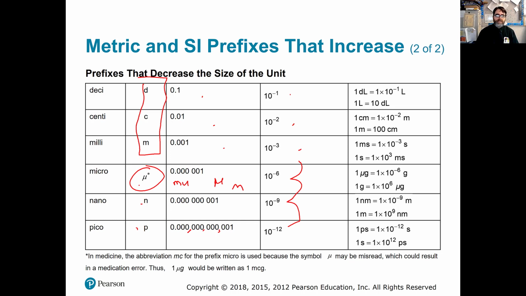Anyway, in the medical world, they use MC for micro, and it's because of the sloppy writing that can cause it to be misread, as well as the fact that this is a Greek letter in amongst a whole bunch of non-Greek prefixes. Anyway, I will tend to go the shorter one just because I'm not from the medical field, and so I tend to write the micro. I tend to overemphasize that first tail a little bit to try to do it, and of course, if you listen, I'll always be saying it that way.